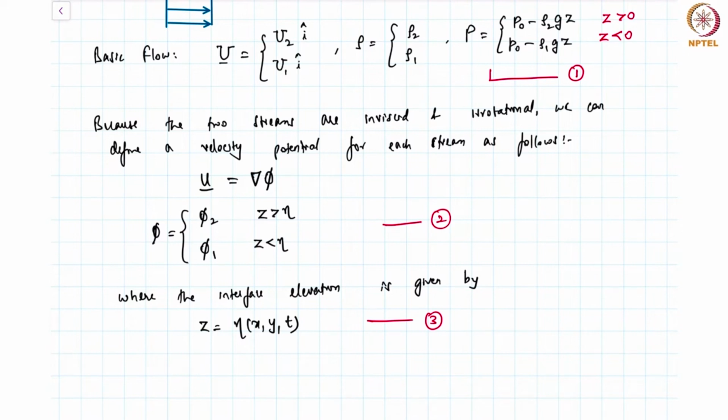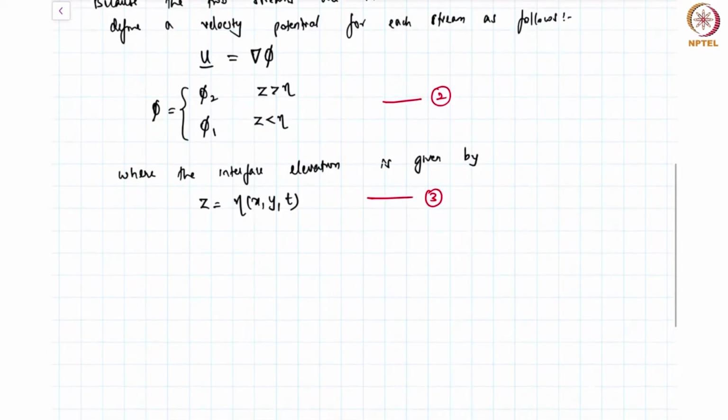Now, having done this, I can look at the governing equations. If it's an inviscid irrotational flow, then the potential in both the fluids would satisfy the Laplace equation. And another thing that I'm going to do is define a normal vector at the interface.